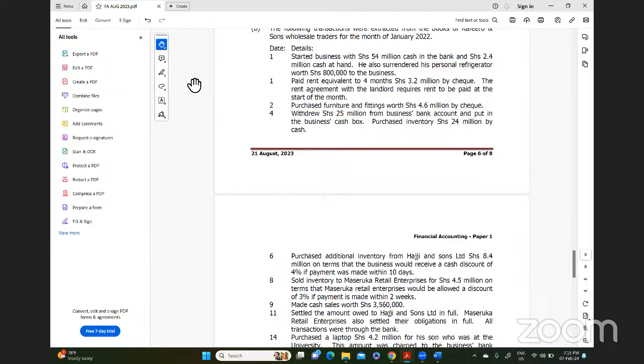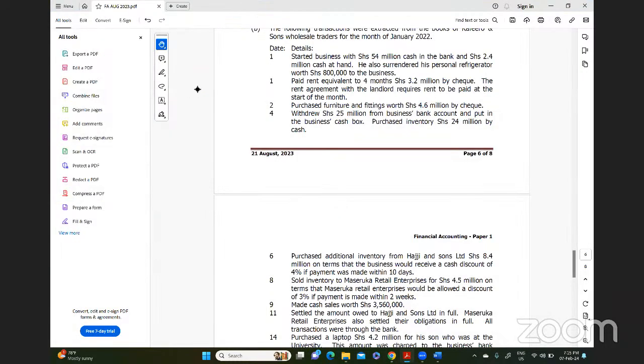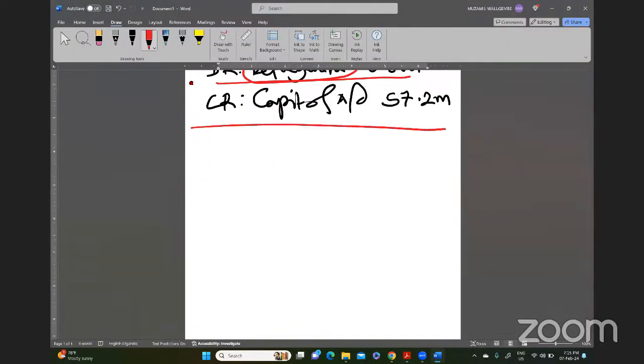And then we are losing some money because we are paying using the bank. So can we integrate that into double entry terms? What are we going to debit? We are going to debit the rent account simply because rent is an expense, with 800.